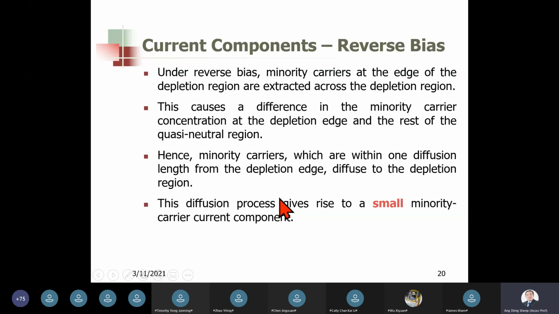Okay, and these minority carriers are mostly those found within one diffusion length from the depletion edge. Only these minority carriers can successfully diffuse and get extracted across the space charge region. On average, minority carriers that are too far away from the junction will not be able to make it to the space charge region. Okay.